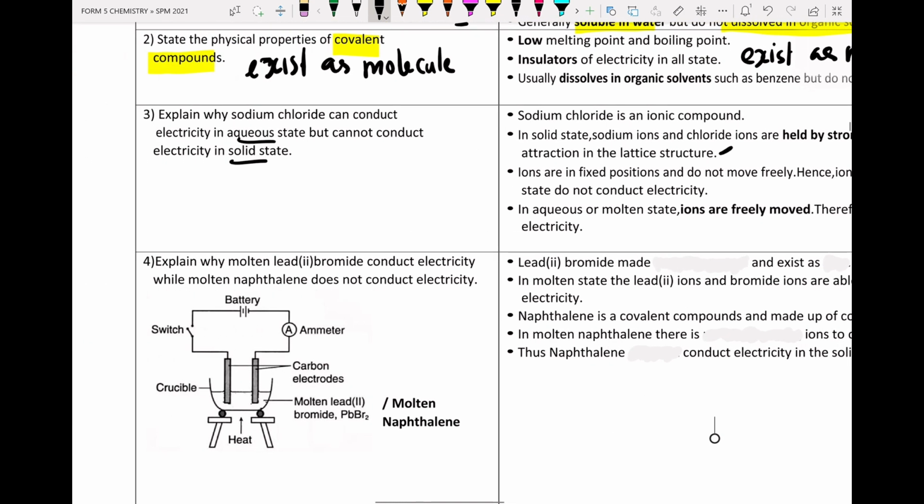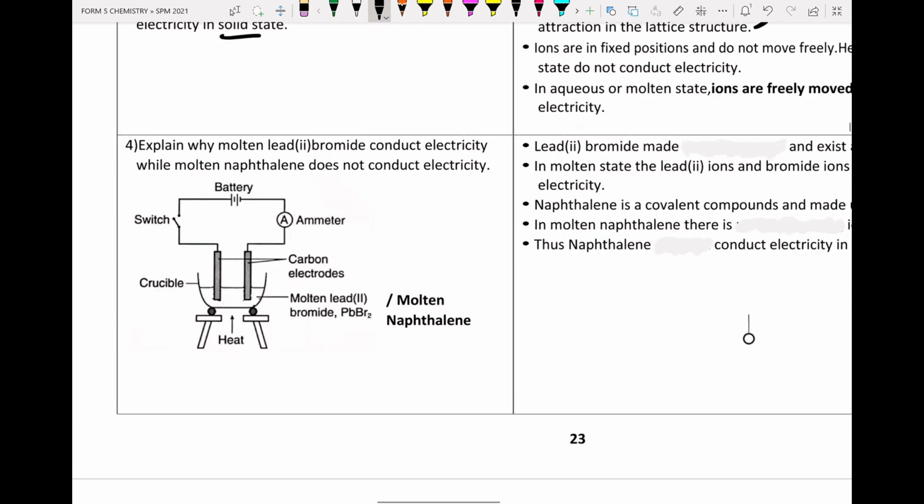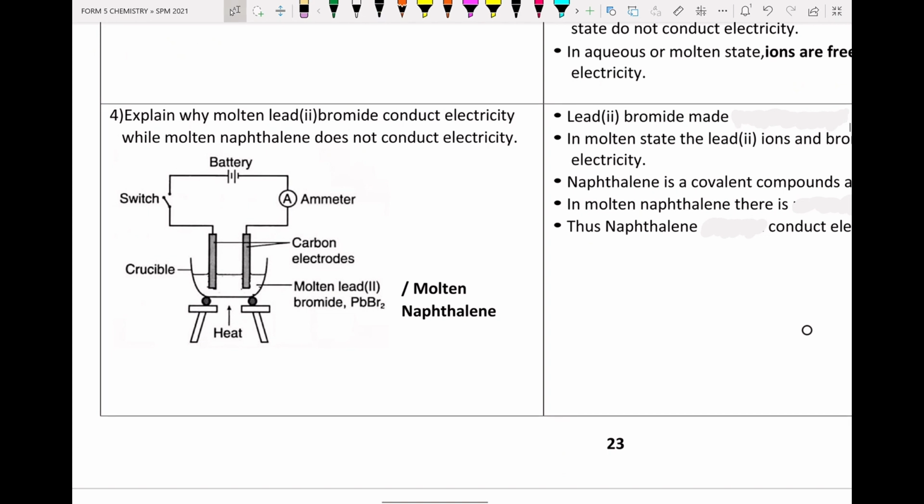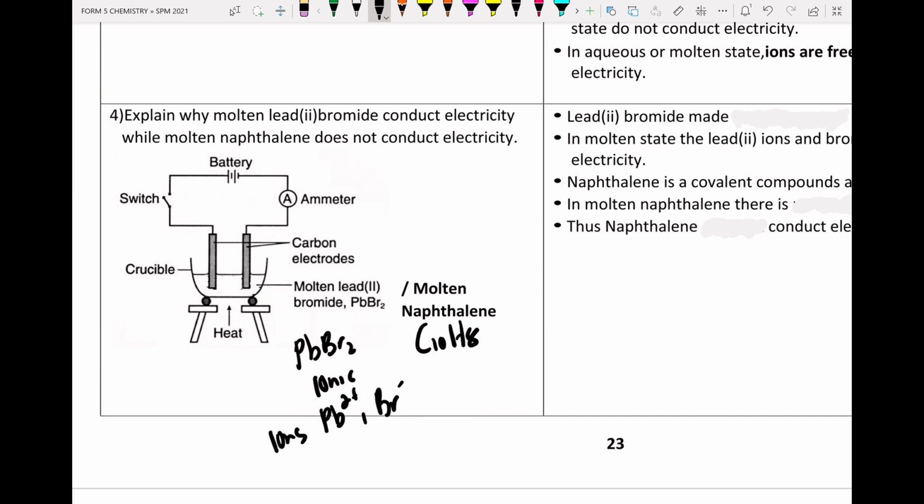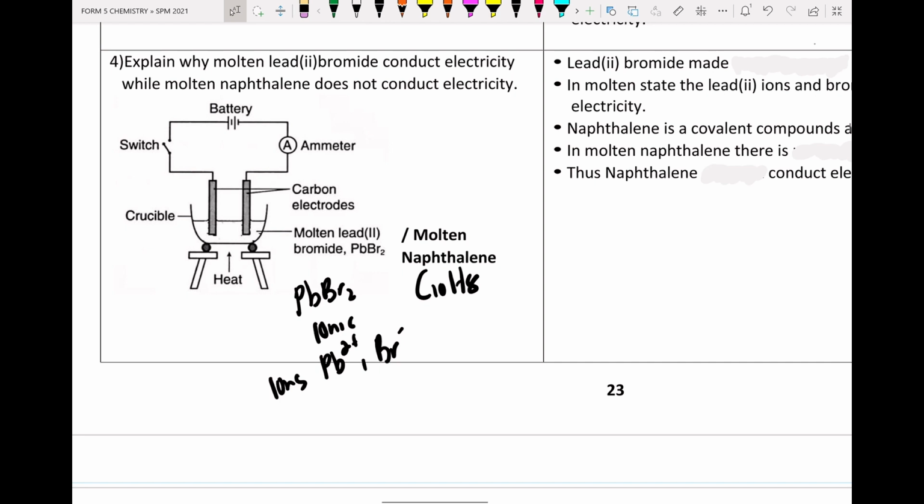All right, we move on to the fourth question. Explain why molten lead(II) bromide can conduct electricity, whilst naphthalene, C10H8, cannot conduct electricity. Lead(II) bromide exists as an ionic compound. They have lead(II) ions and bromide ions in molten state.